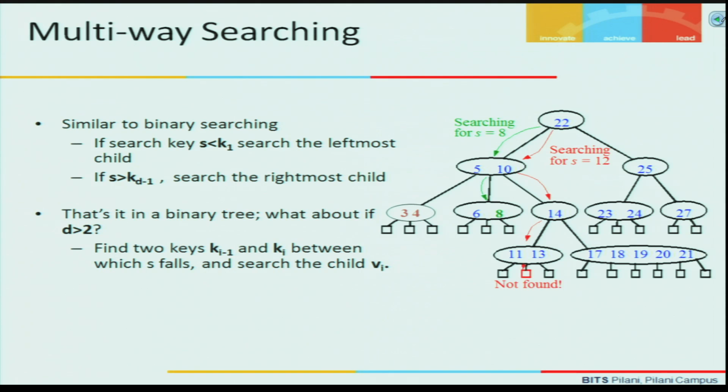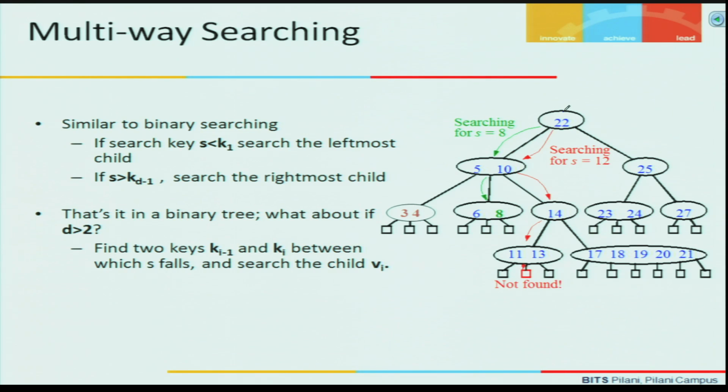In this tree we are searching for key s equal to 8, we will compare it to 22. We know it is smaller than 22. So, we will go to the left subtree. Now, in the left subtree we have a 3 node. So, we will check where 8 lies in this particular 3 node. We know 8 lies between 5 and 10.